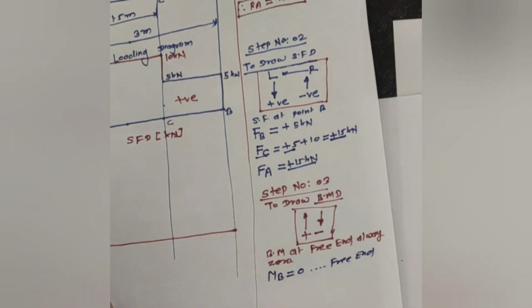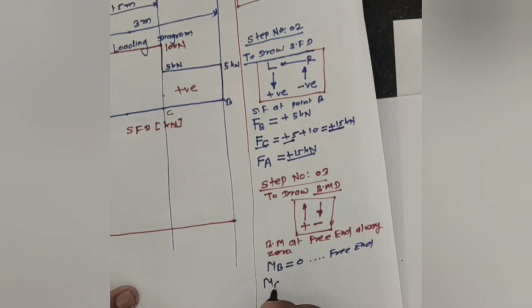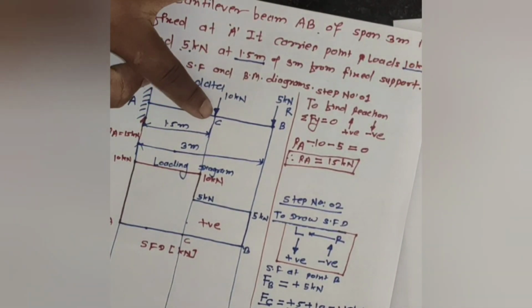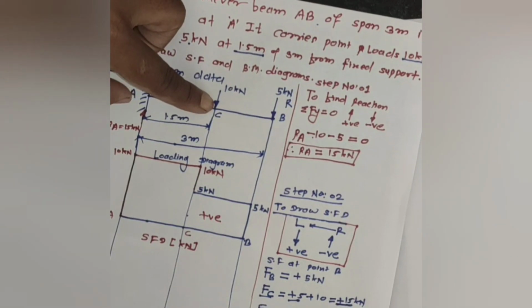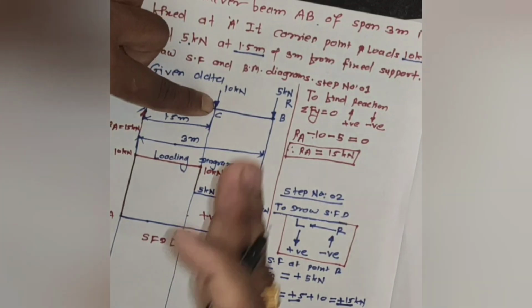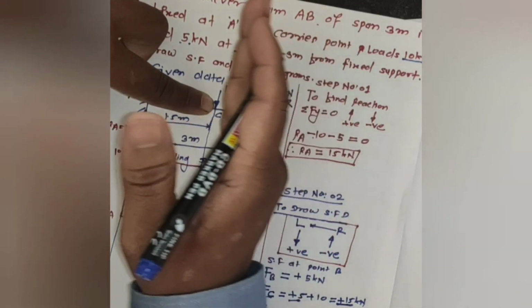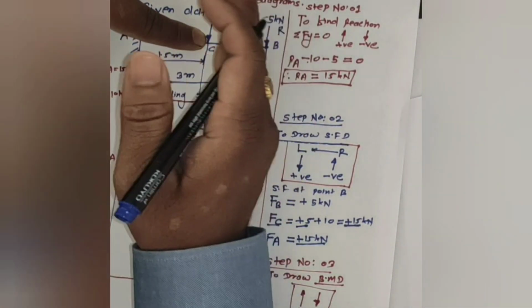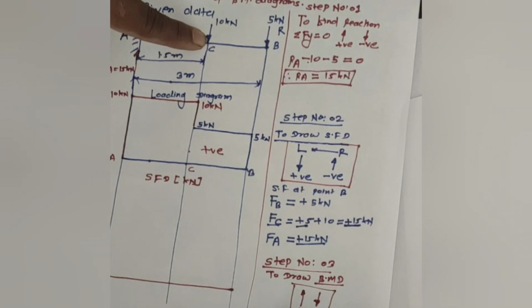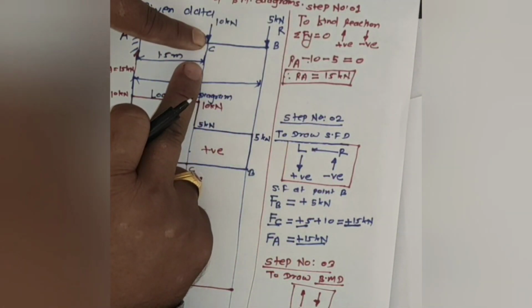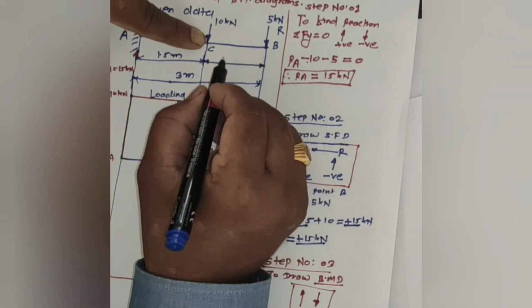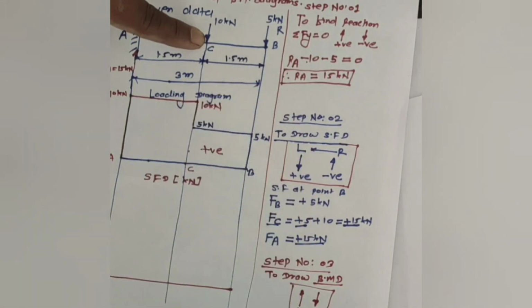Correct. Next you have to calculate the bending moment about point C. As I have already told you, for calculating the bending moment of each point, you have to start from the free end. Moment means force into perpendicular distance, and the distance between B and C is 1.5 meter.